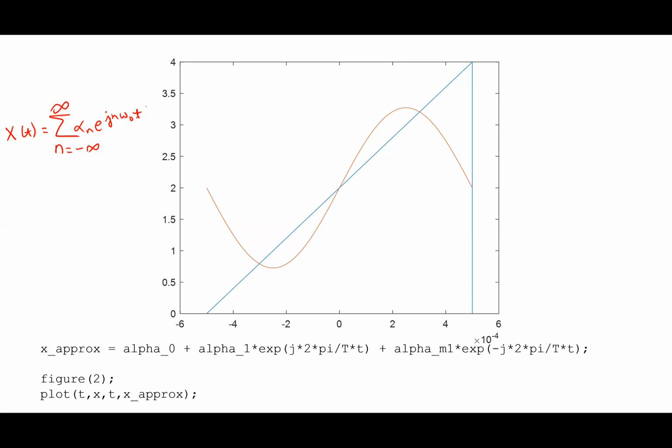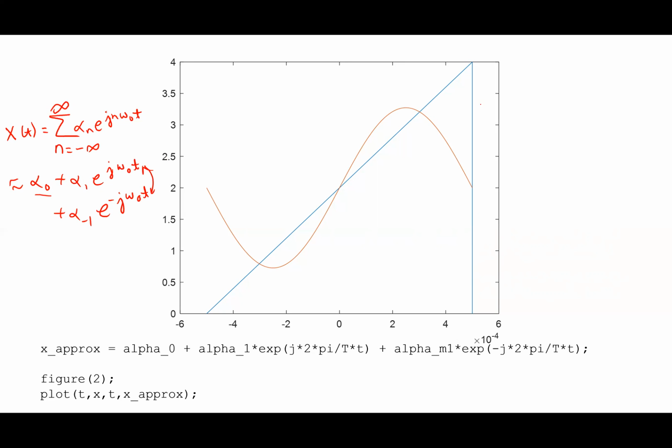Now, in this case, I'm approximating this. I have my alpha 0 plus my alpha 1 e to the j omega naught t plus my alpha minus 1 e to the negative j omega naught t. In other words, I'm plotting only the DC term and these two together, giving me the first harmonic. Okay, so that's what I've done here.